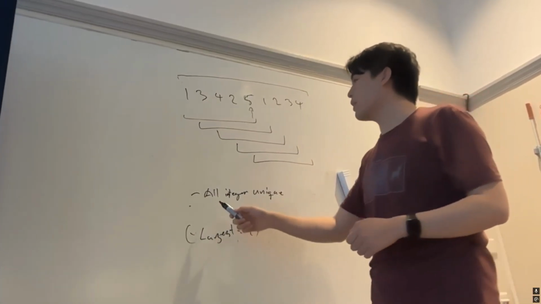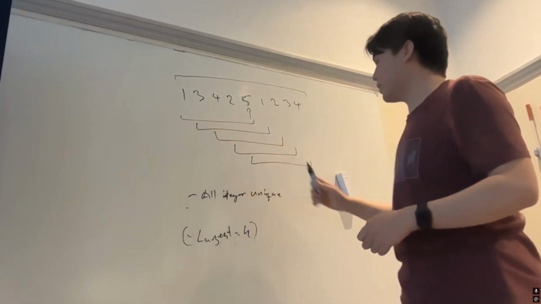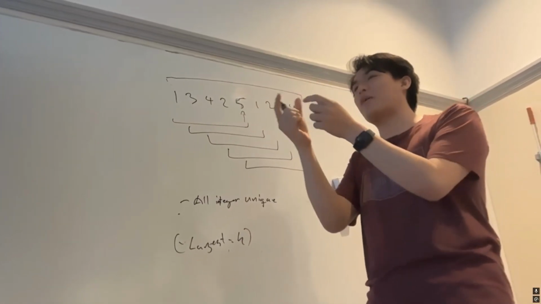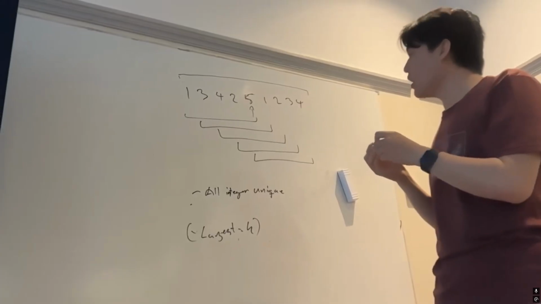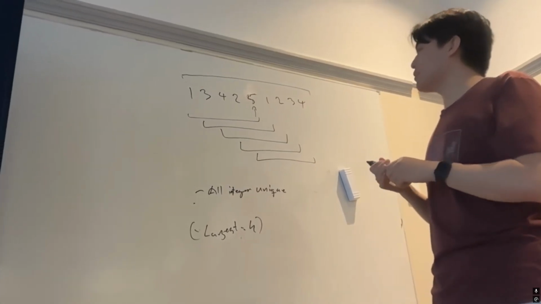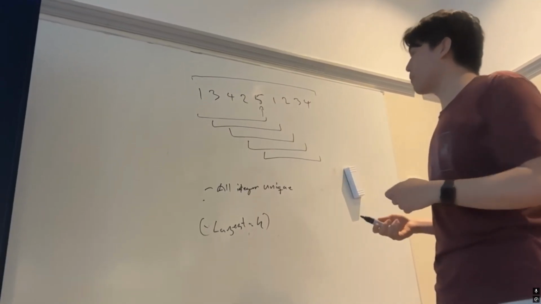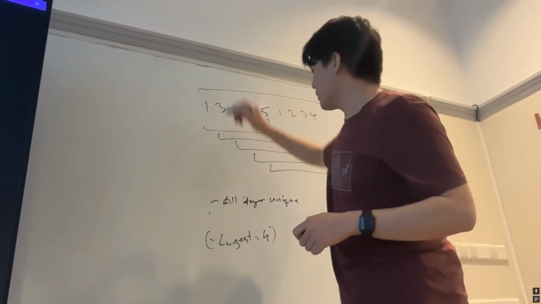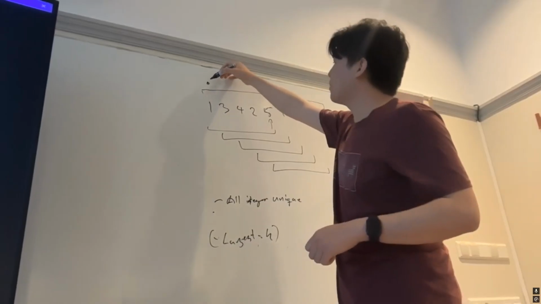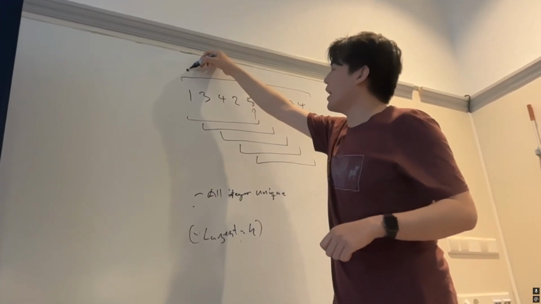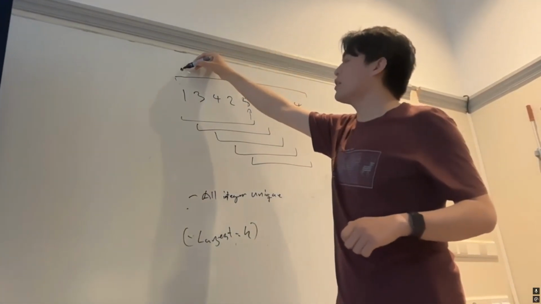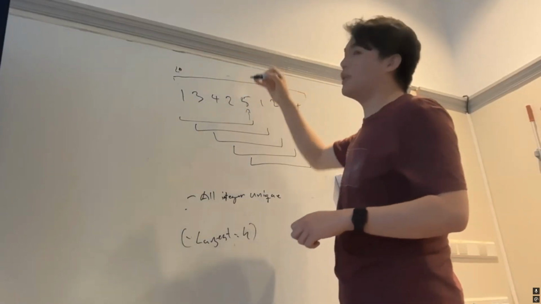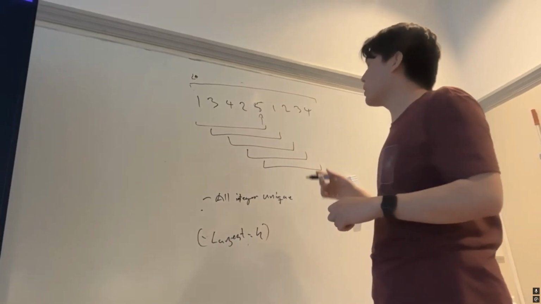So we just have to check whether any of these intervals contain only unique elements. One way to do that is with some pre-computation again. If we pre-computed for every index how many elements we can walk to the right such that the interval starting from here contains only unique elements, that would help us a lot.